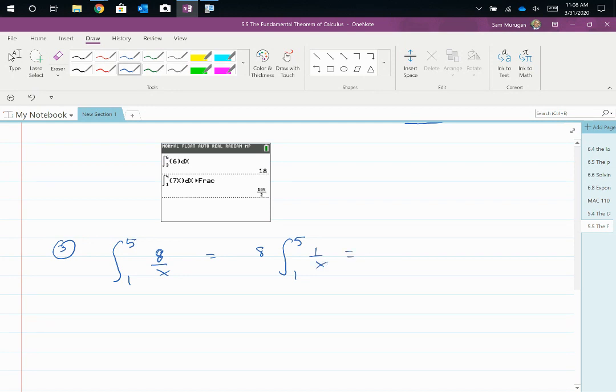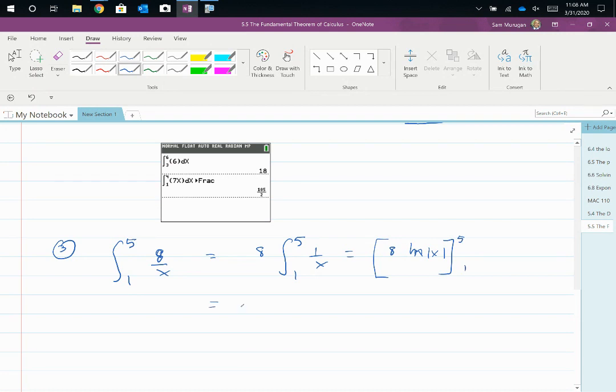And recall that the integral of 1 over x is ln of the absolute value of x, between 5 and 1.